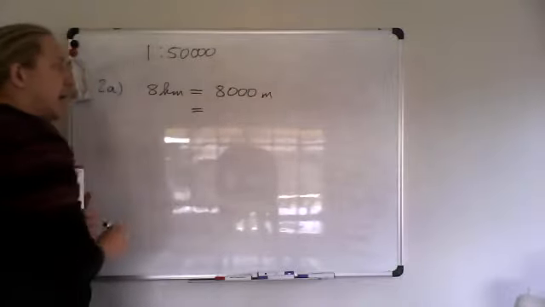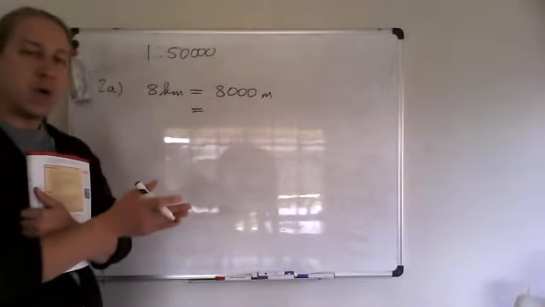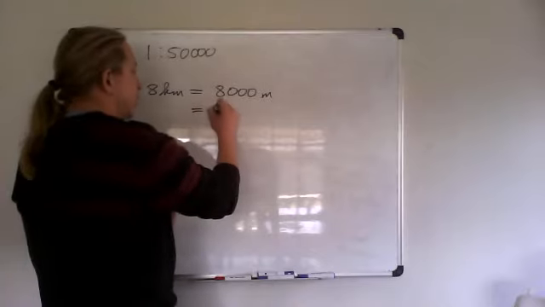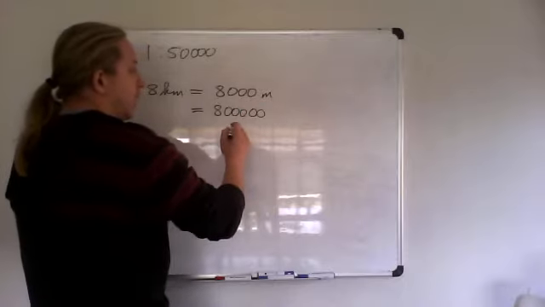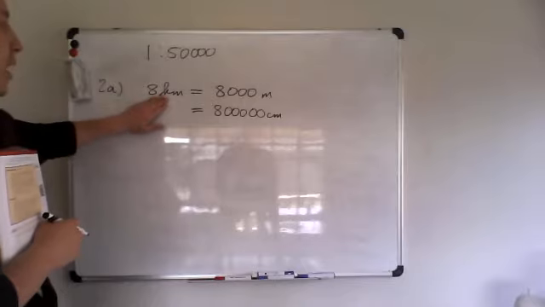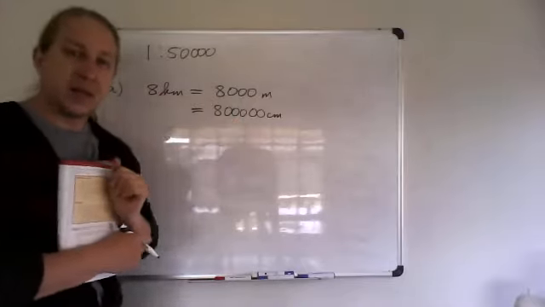Great. Now, to go from meters to centimeters, again, we're going from big to small. Therefore, we're going to multiply by 100. So this will be 8,000 times 100. I'm going to add 2 zeros, centimeters. So 8 kilometers on the ground is really 800,000 centimeters on the ground.